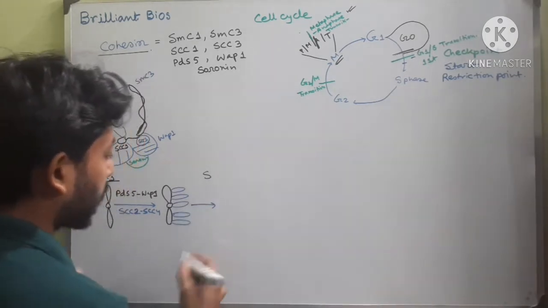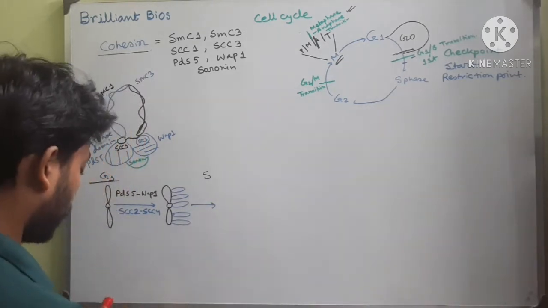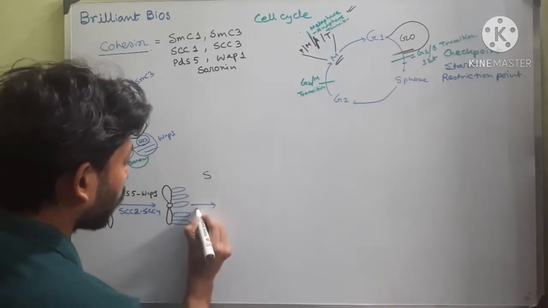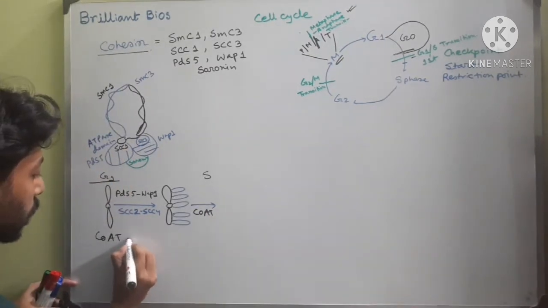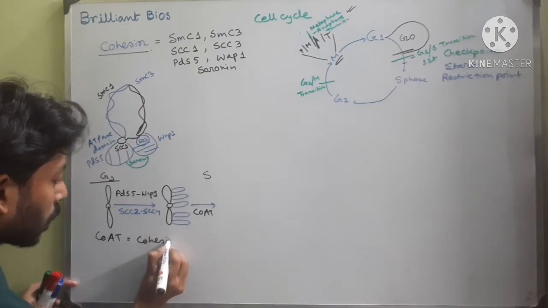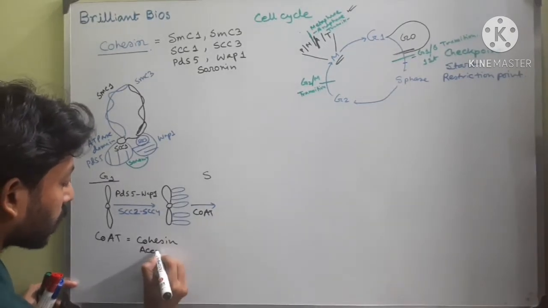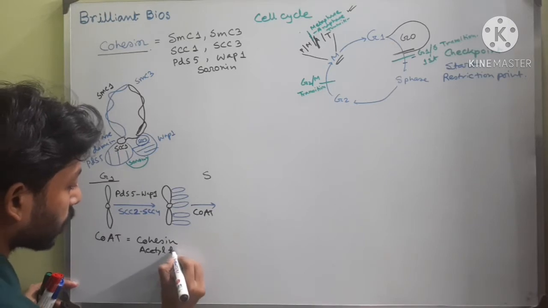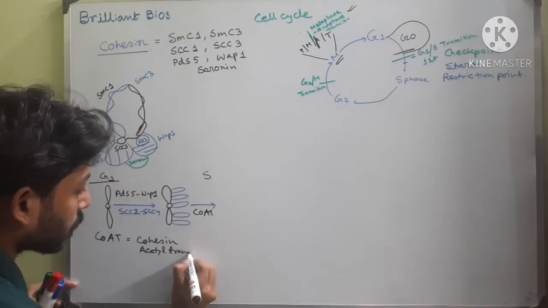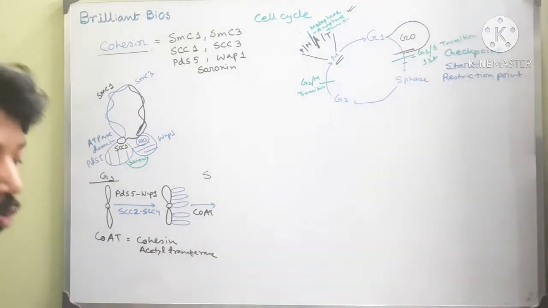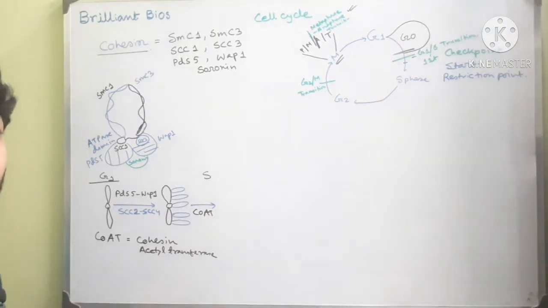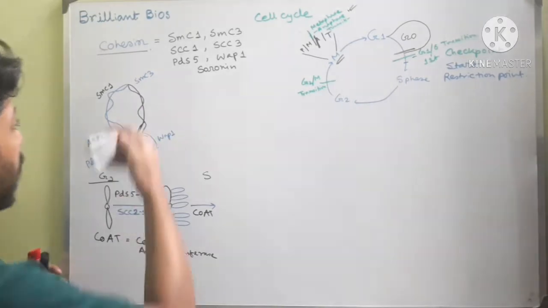But during the S phase a very important phenomenon occurs, that is an enzyme gets activated called ESCO. ESCO full form is cohesin acetyltransferase. That means this enzyme can transfer an acetyl group, particularly to the SMC3 subunit.